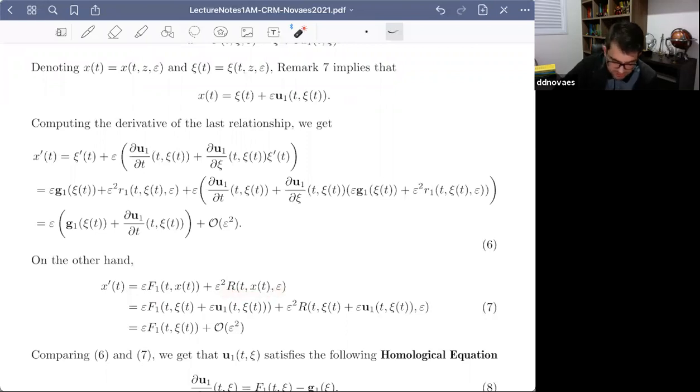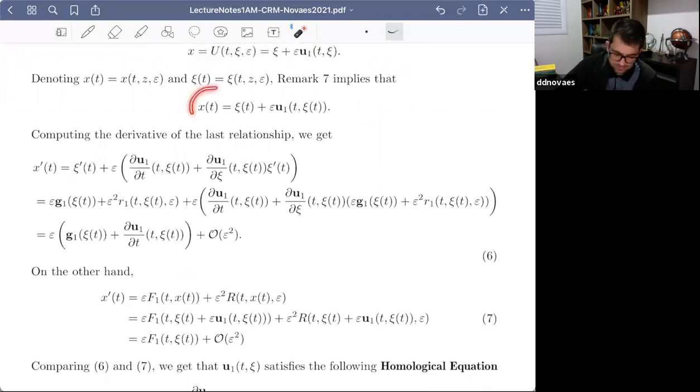Now substituting the expression of x(t), this one, we have epsilon times f1(t, the value of x(t) through the conjugation) plus higher order terms.